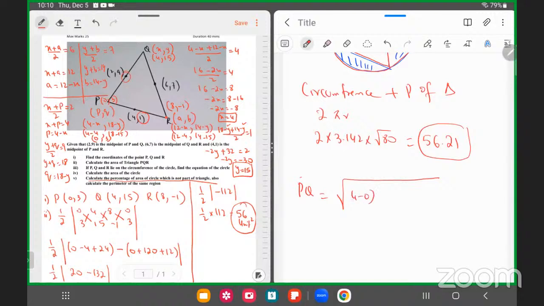That is under root of (4 minus 0) squared plus (15 minus 3) squared. Then QR is (15 plus 1) squared plus (4 minus 8) squared. I hope everyone is following me. I have the coordinates of Q, R and P. Using the coordinates of P, Q, and R, I am finding each length.